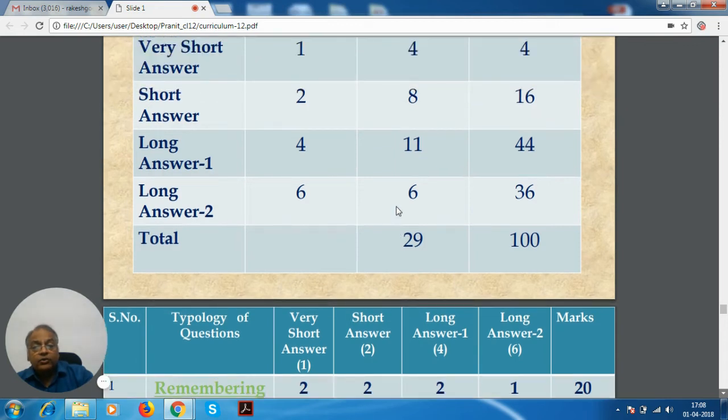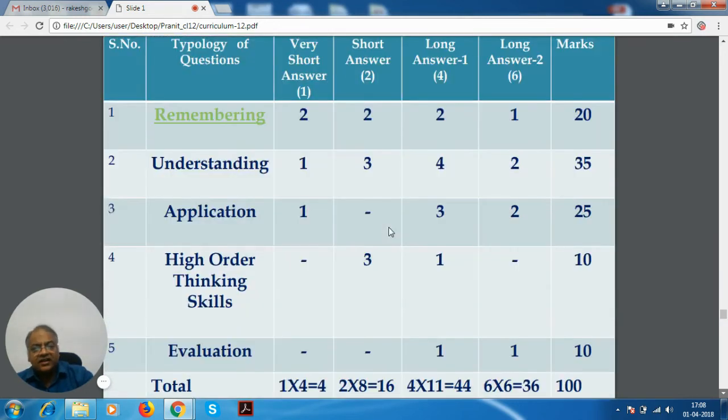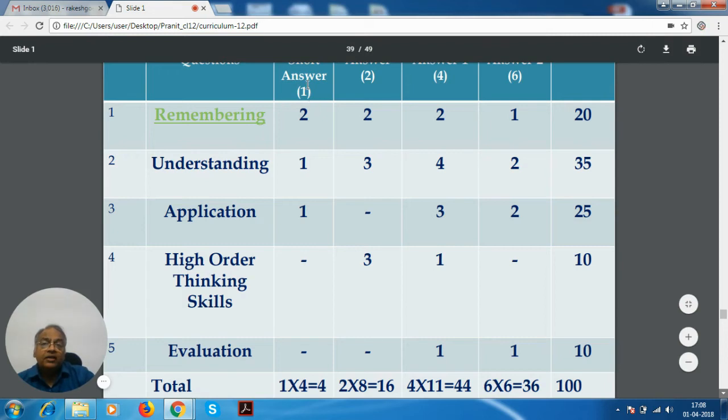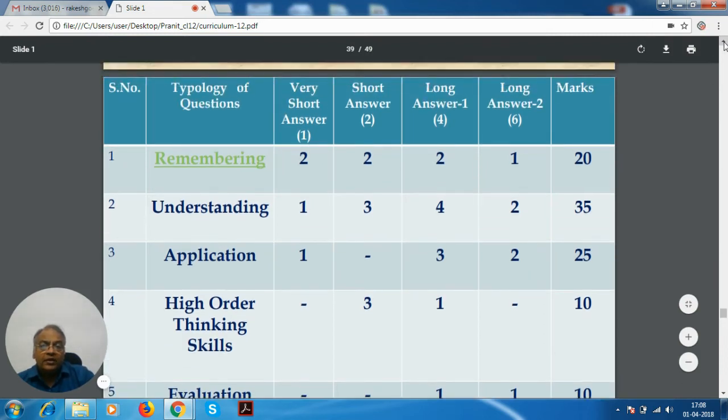There is no choice given to you as far as total questions are concerned, but yes, internal choices are given in some questions. Now, if you come to the typology of questions, that is remembering. So, what exactly is remembering? Of course, let me first tell you that in remembering, very short answer 2, short answer 2, long answer 1 (4 marks) 2, and long answer 2 (6 marks) 1.